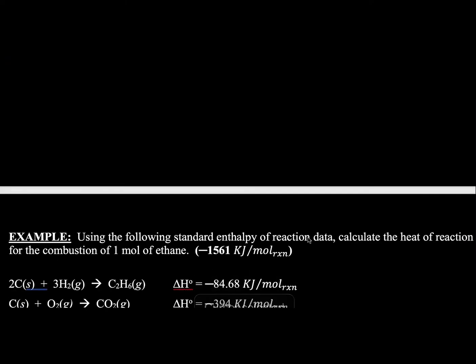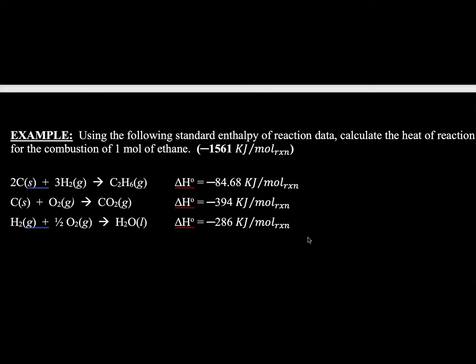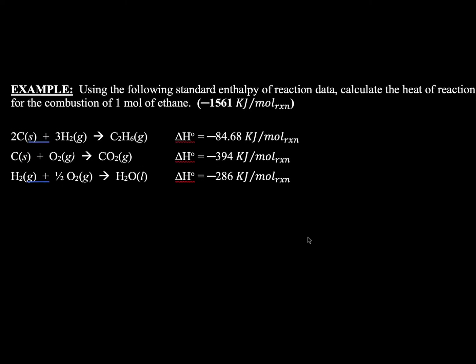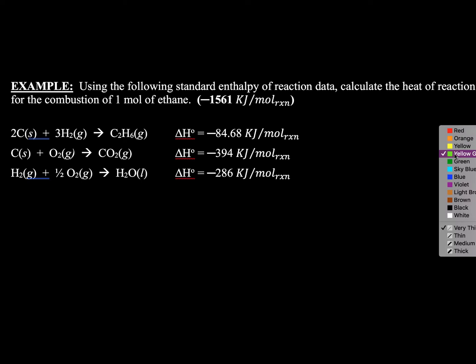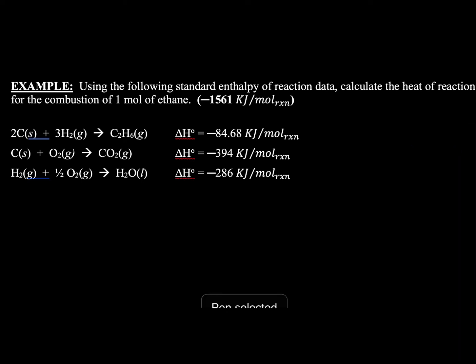So in this problem, we have 3 reactions here. They actually happen to be formation reactions, but you don't have to use formation reactions for this. Okay. Now, this gives us what our goal reaction is. We have 1 mole of ethane, and we want to combust ethane.